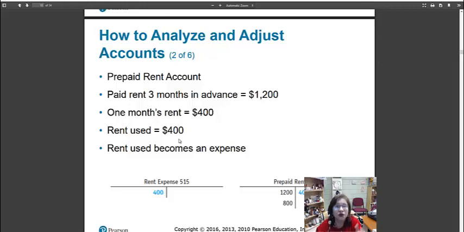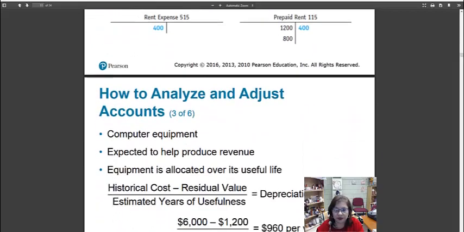So the rent that you've used for that month is $400. So you debit the rent expense and then decrease or credit the prepaid rent account. That is an asset because you've got money set aside, and you decrease it by $400, giving you a balance of $800. Okay? Again, adjusting the accounts that you have.